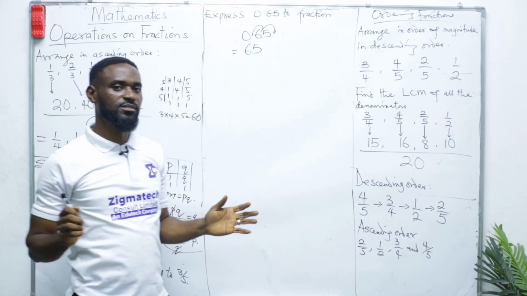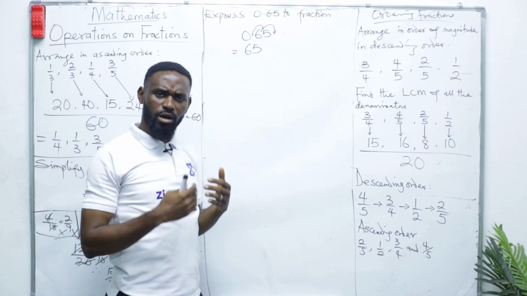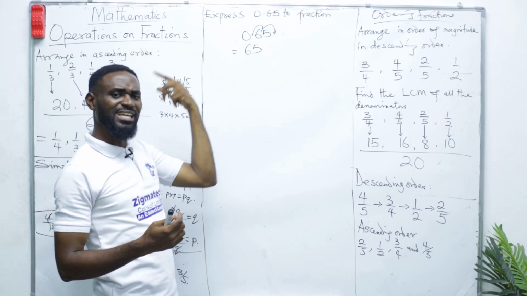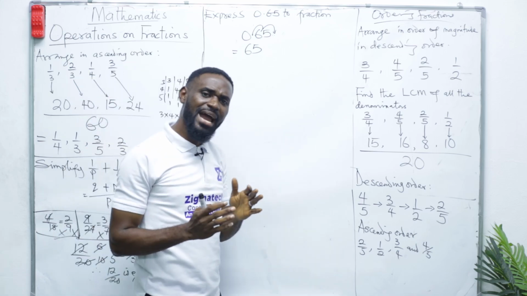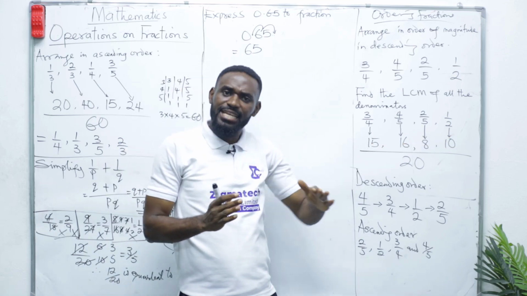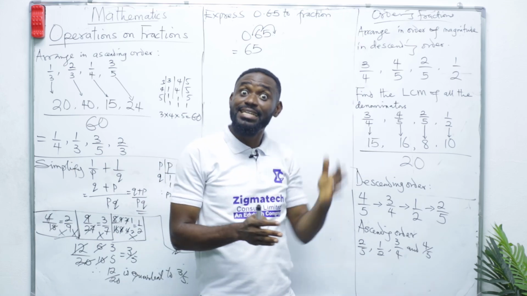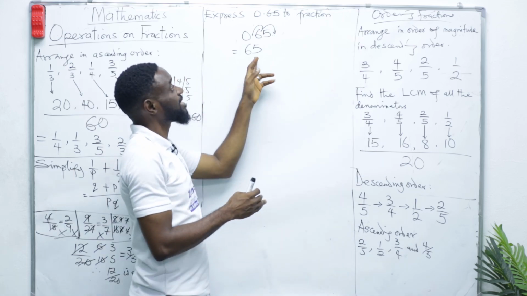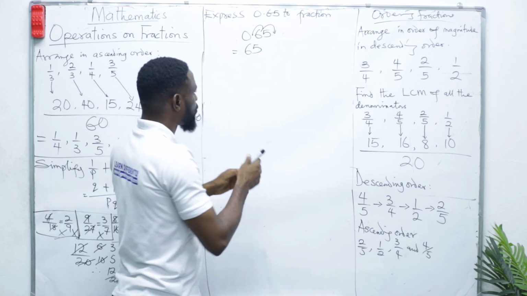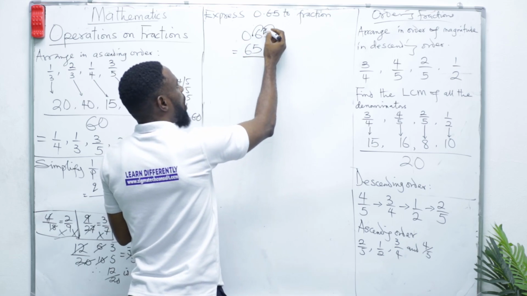But that does not solve it. Now, the number of times you move the decimal point will determine the power of tens, in terms of 10, 100, 1,000, 10,000, and all that, that this 65 will now have as a denominator. So this will now be over. How many times did we move this point? It is 1, 2.